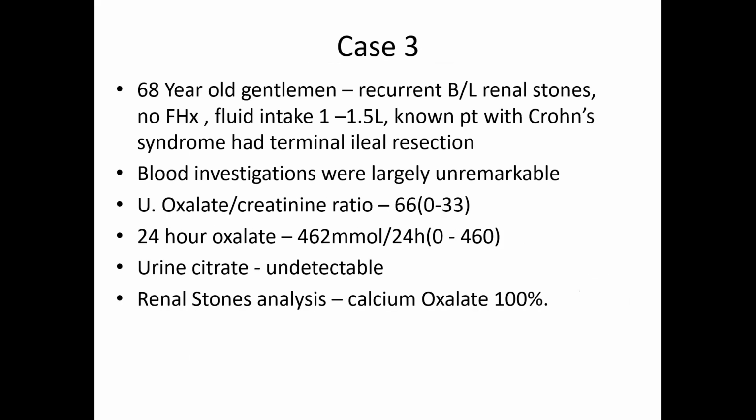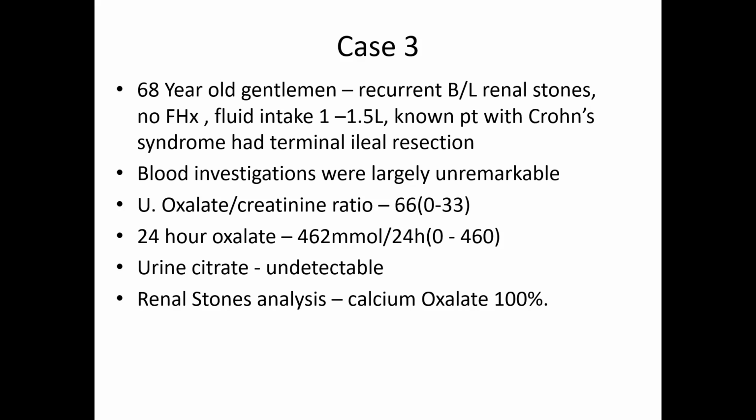And my third patient, a 68-year-old gentleman, was also referred to us due to bilateral renal stones, and there was no family history. His fluid intake was around 1 to 1.5 liters, and he was a known patient with Crohn's disease, had terminal ileal resection, and blood investigations were largely unremarkable.